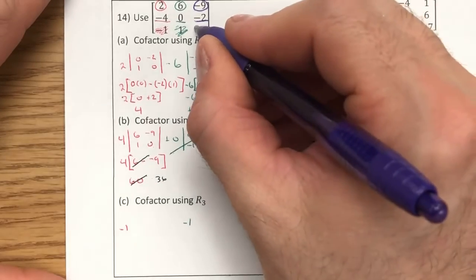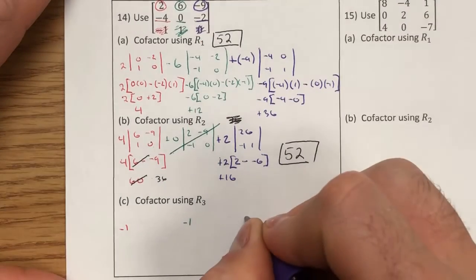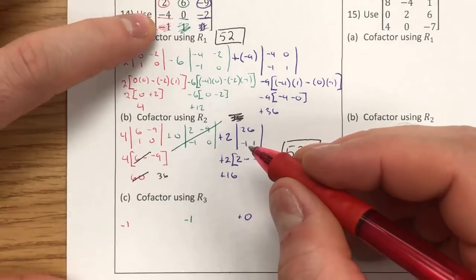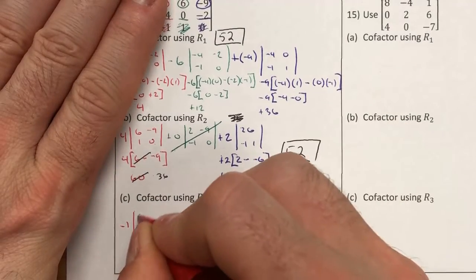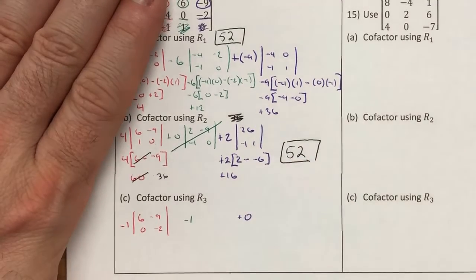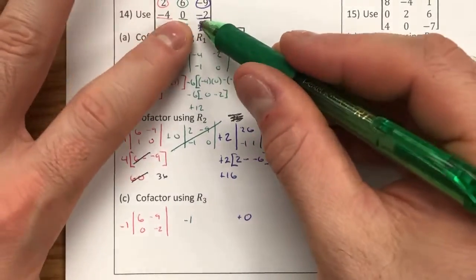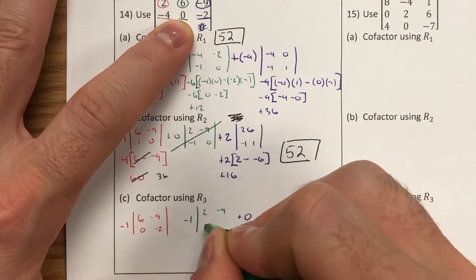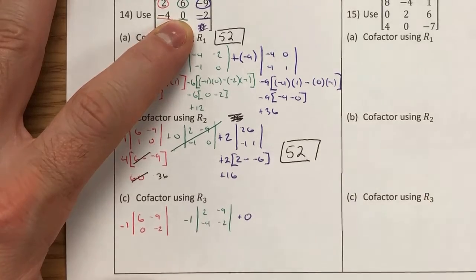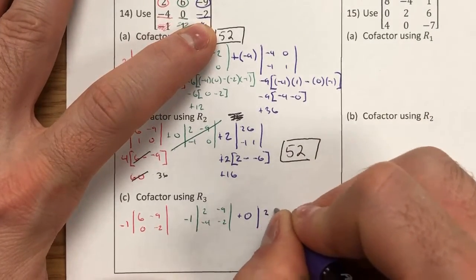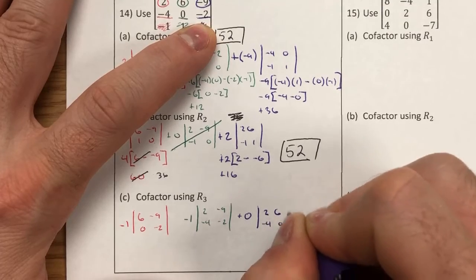And then I keep the last one, so 0. When I use the negative 1, I create a minor of 6, negative 9, 0, negative 2. When I use the middle one, I create a minor of 2, negative 9, negative 4, negative 2. And when I cofactor the last one, I create a minor of 2, 6, negative 4, 0.